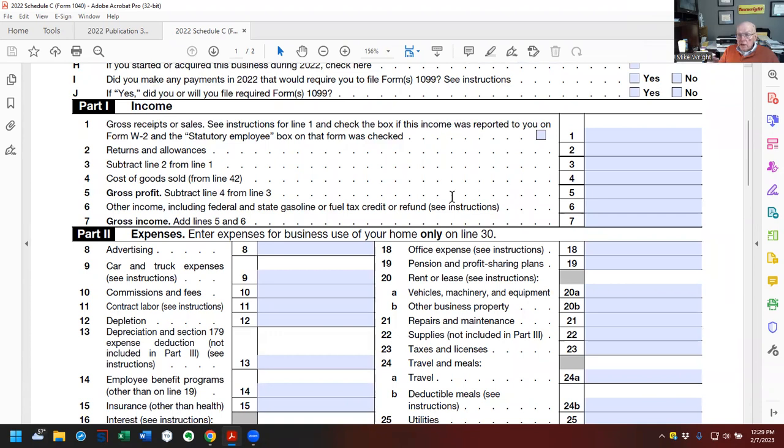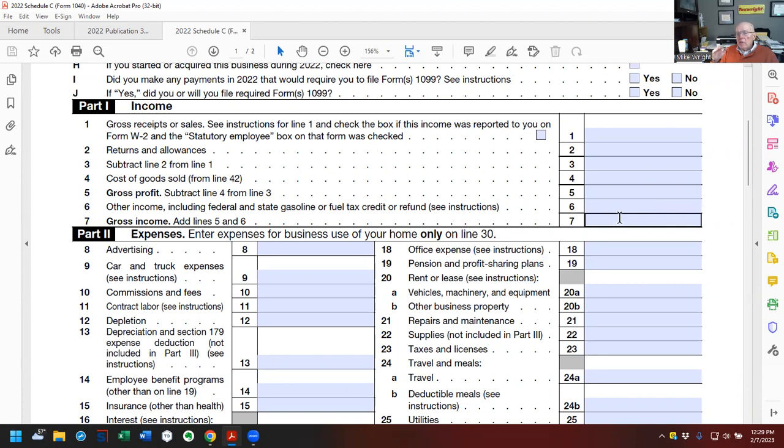There's a section for income. And there's an item here called cost of goods sold. And one of the things I want you to understand is that we add the income and we deduct the cost of goods sold.